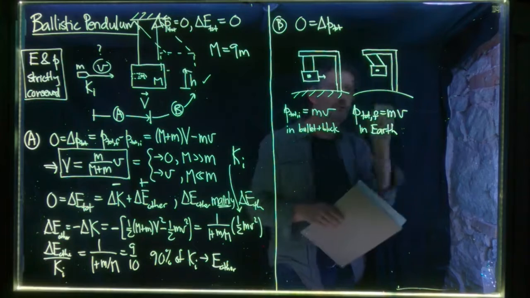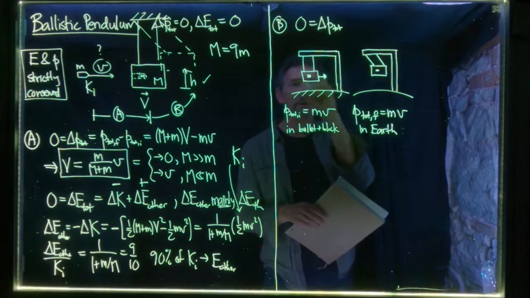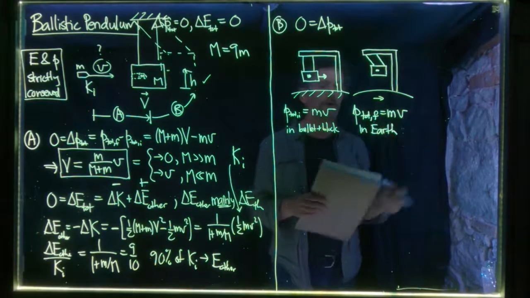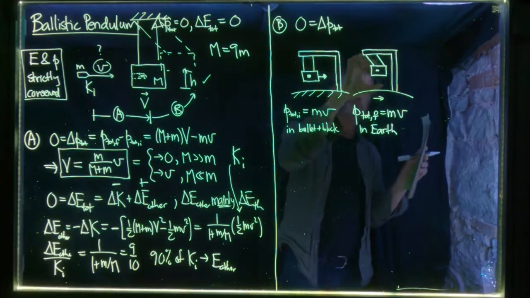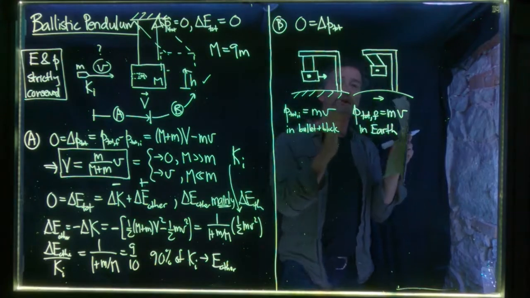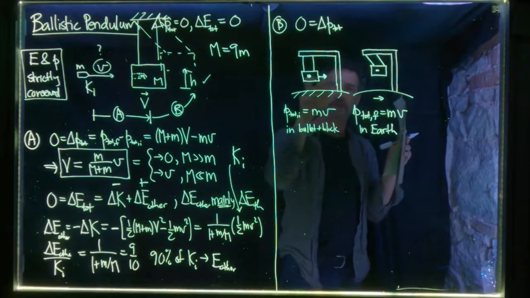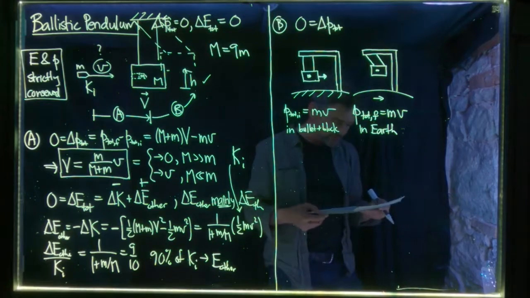Okay, so now that chunk of quantity of motion that was stored in here is now stored in the Earth. Just imagine the Earth was originally at rest. Well, then after the pendulum swings up like that, the Earth is now moving a tiny bit, has gained a tiny bit of velocity to the right. And so there's a corresponding momentum to the right. And that momentum in the Earth is exactly the momentum that was originally in the bullet block system.